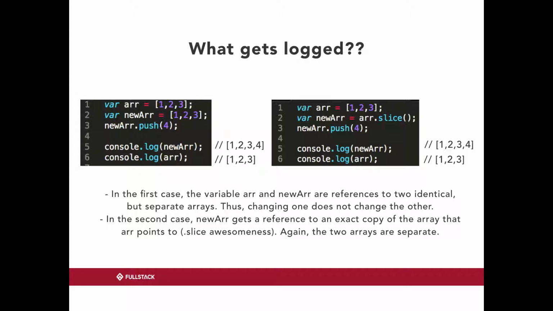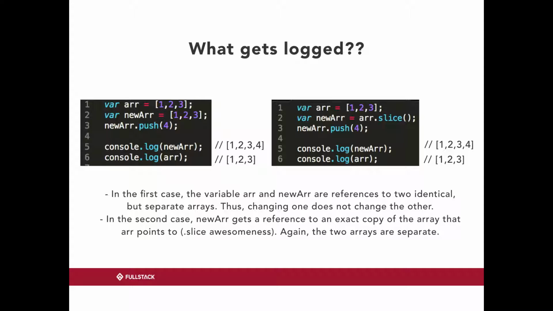I console log, and the new array is now 1, 2, 3, 4, and the original array is just 1, 2, 3. So in this case, these two aren't linked at all. They're both equal to something that just happens to be the same. Because they're not linked, changing one has no impact on the other, even though the values are the same.